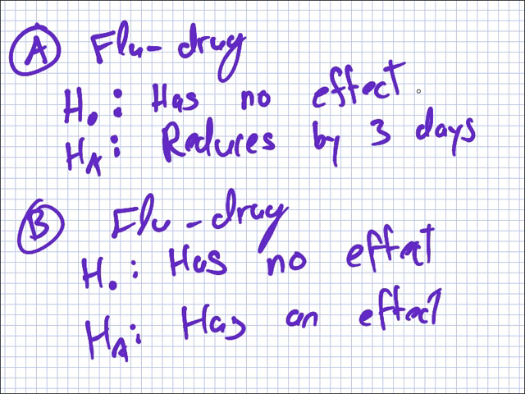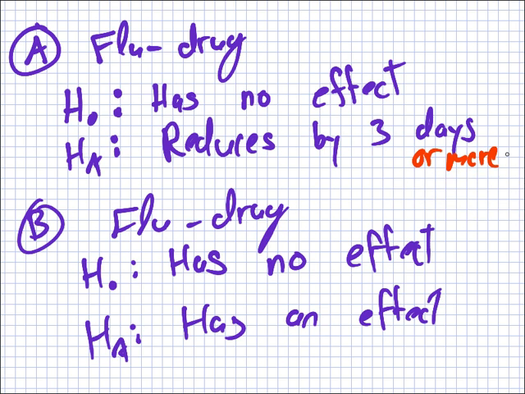No, not quite that. Maybe A reduces it by 3 days, but B, let's say the fast. Oh, good, okay. So I'll say reduces by 3 days or more. Yep, you're right, that's true.